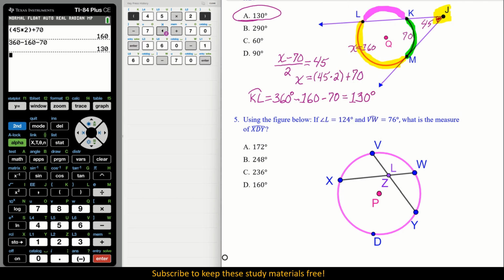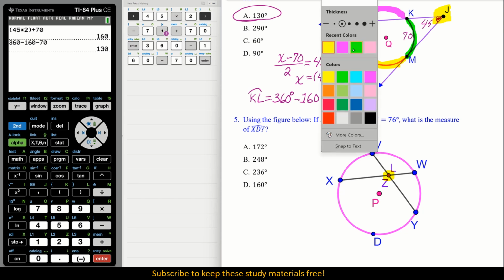J is external, where with this one, we're dealing with angles L and K that are internal. So let me read the question. Using the figure below, if angle L equals 124 and arc VW equals 76 degrees, what is the measure of arc XY?